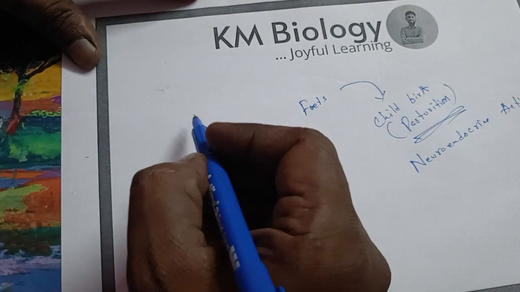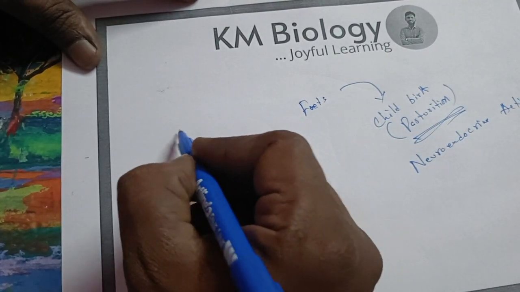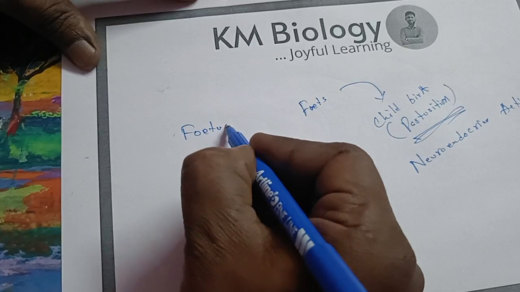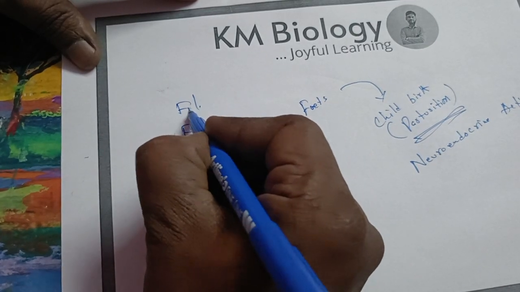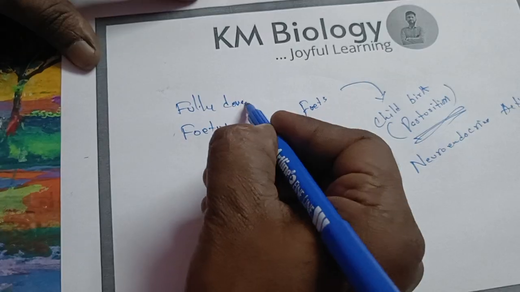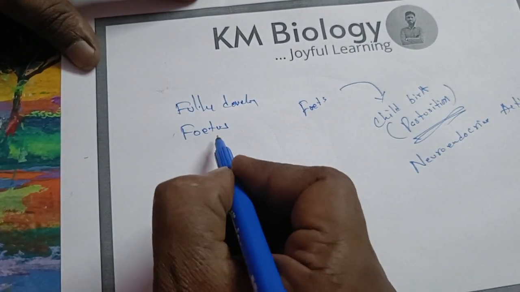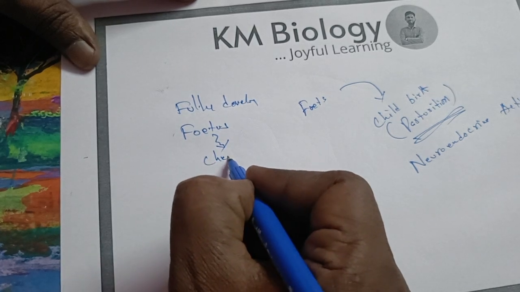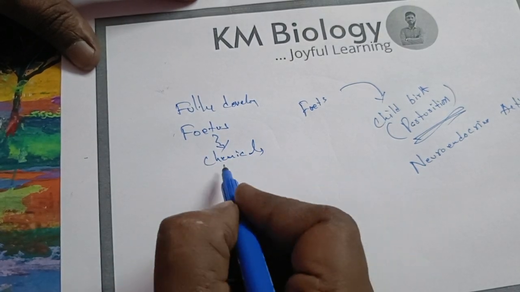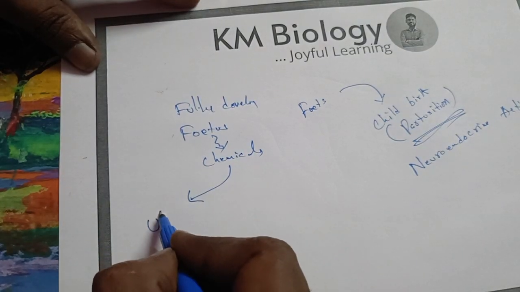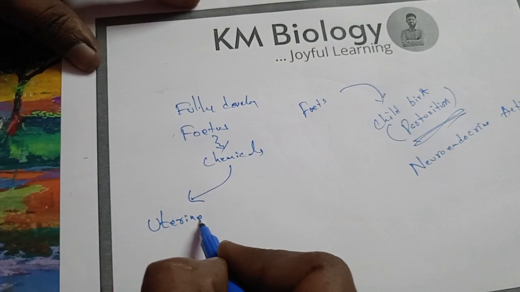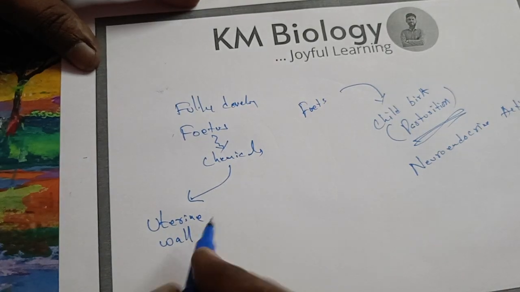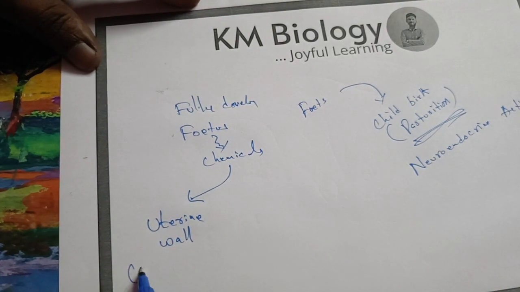First of all, once the fetus is fully developed, the fully developed fetus produces certain chemicals, and these chemicals act on the uterine wall of the mother, and by that they will create a mild contraction, right?